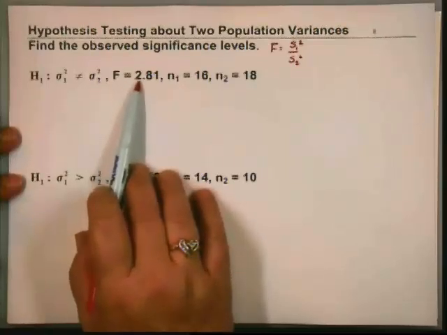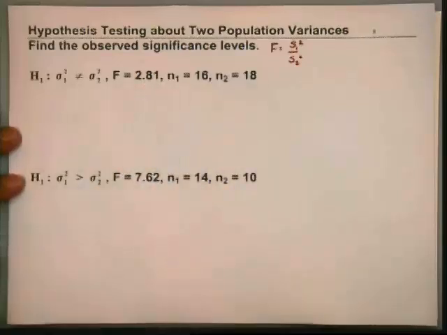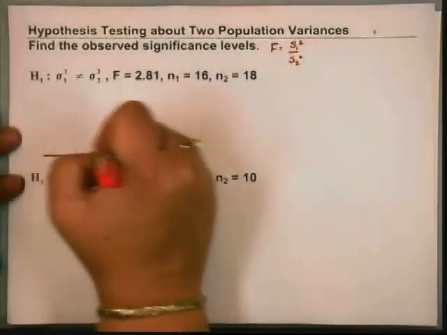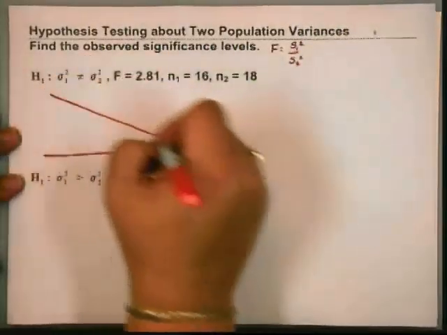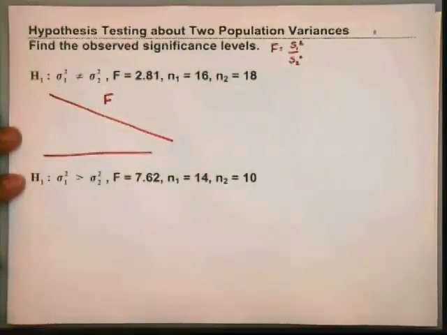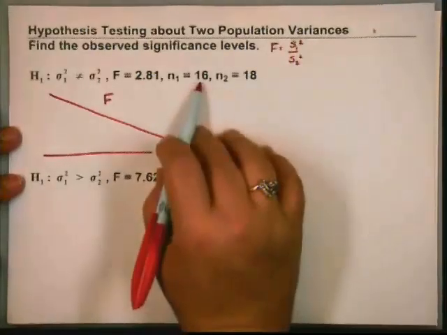At F of 2.81, we're definitely in the right side of the distribution. Magnifying the right-hand side of an F distribution, what are our numerator degrees of freedom? 15.